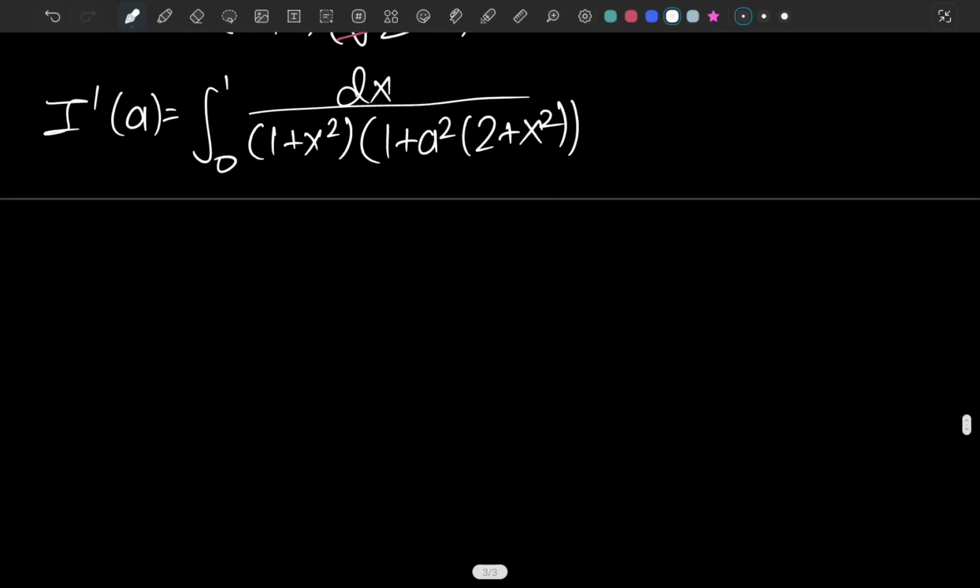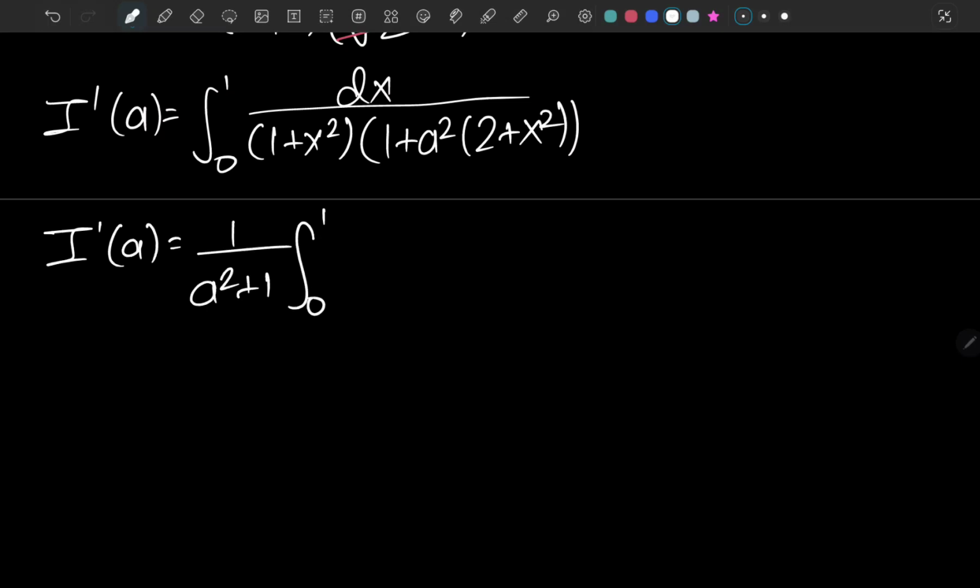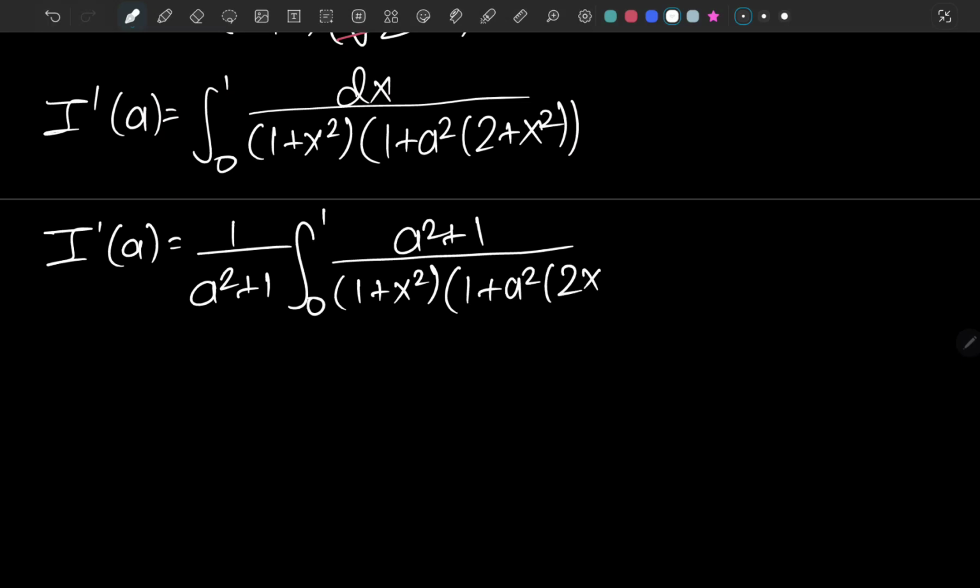And okay, now we are going to manipulate here. So I prime of a is 1 over a squared plus 1 integral from 0 to 1. To neutralize this, we have to multiply here with that only, and 1 plus x squared times 1 plus a squared times 2 plus x squared, right?